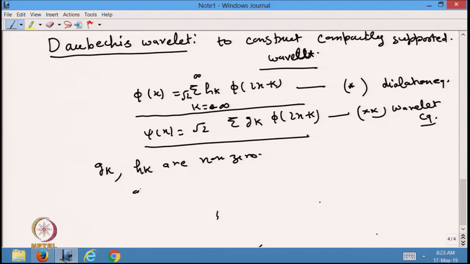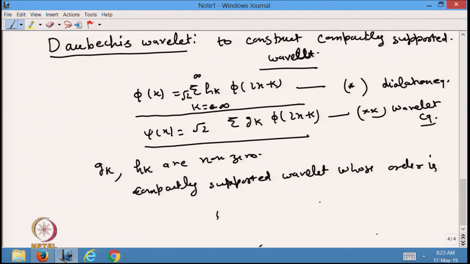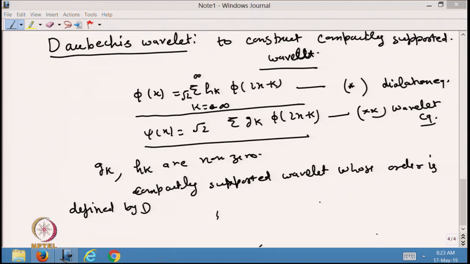So, in case of a compactly supported wavelet whose order is defined by D, we can call D the order of the wavelet as well as the wavelet genus.